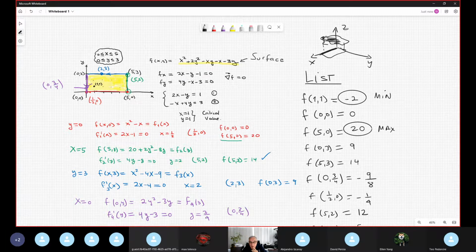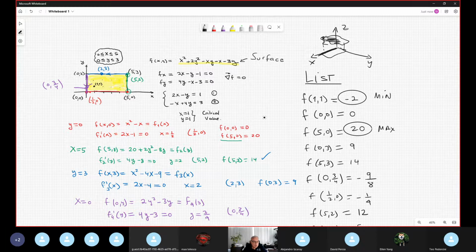Because when you travel here, I don't know exactly what is the height of the C value in the upper part, because this is not constant. Actually, maybe the point (1/2, 0) is a minimum.